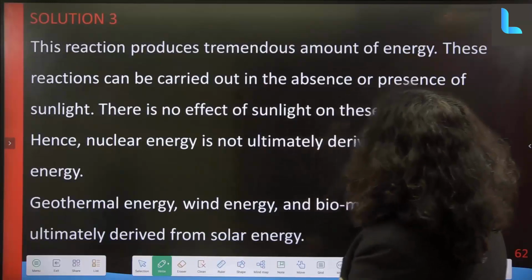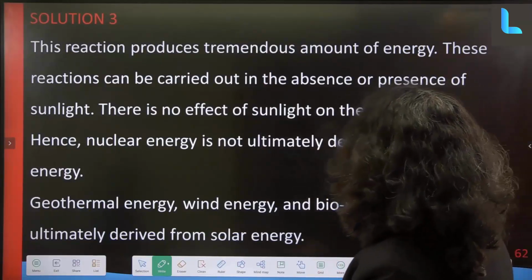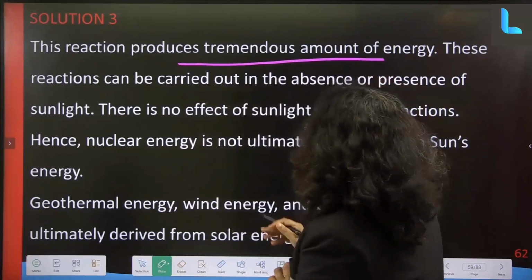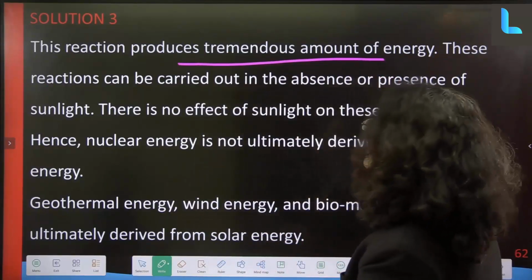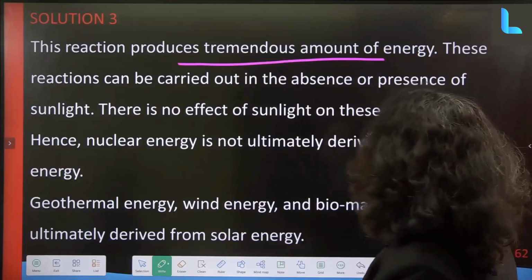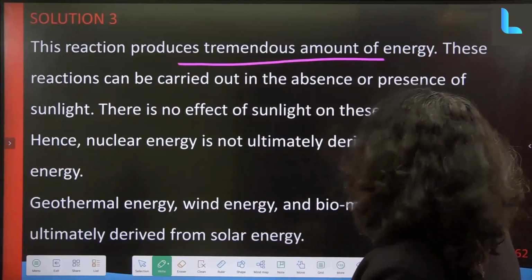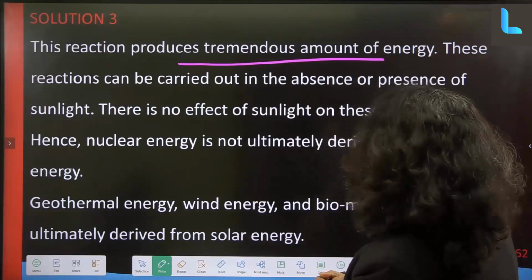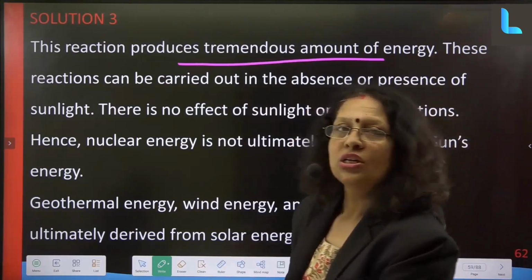This reaction produces a tremendous amount of energy. That is why we can say the reaction can be carried out in absence or presence of sunlight. There is no effect of sunlight on these reactions. Hence, nuclear energy is not ultimately derived from sun's energy.